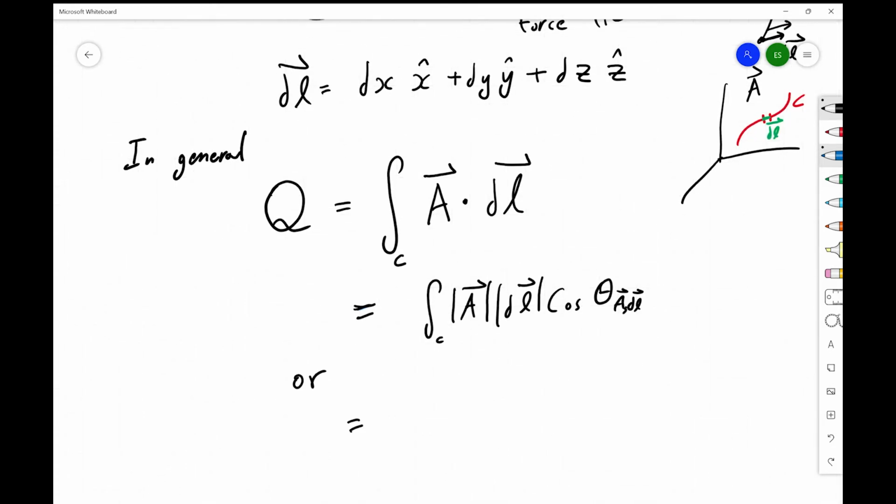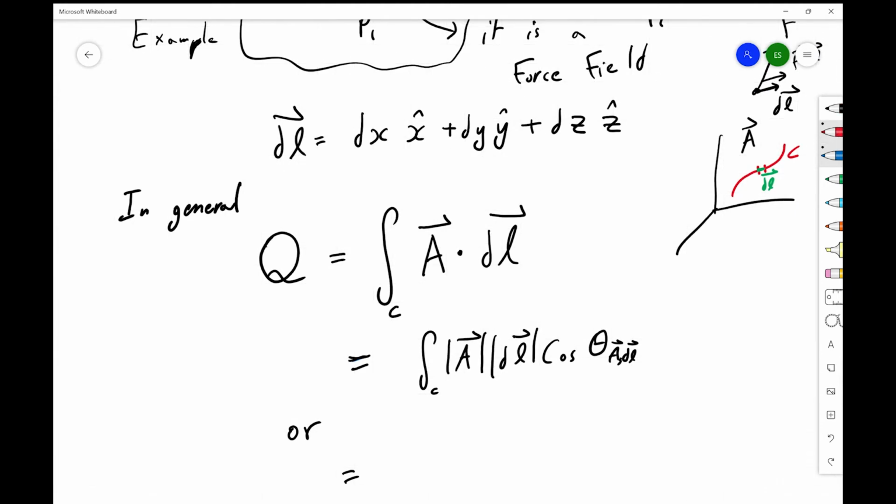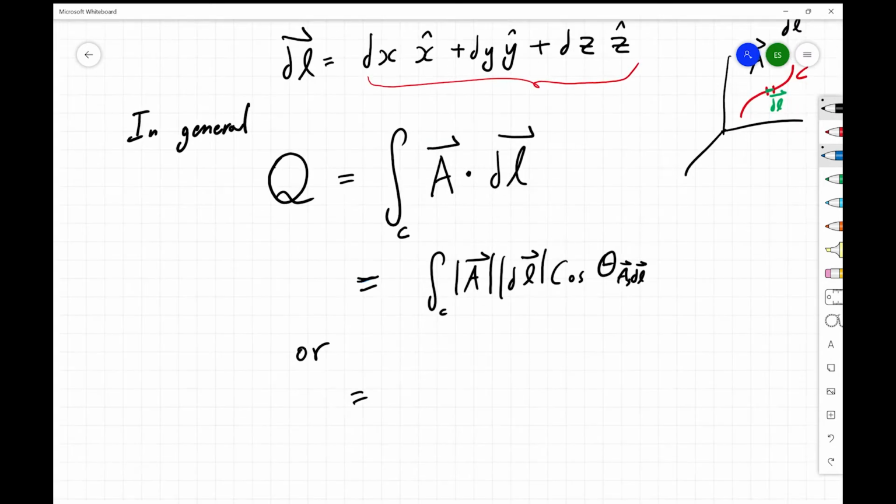Or we can recognize that A can be decomposed into components with respect to the Cartesian basis, and dl, we already know how to decompose it into components with respect to the Cartesian basis, and then we can take the dot product. So I decompose A into its vector components, and I decompose dl into its vector components, and I take the dot product. So I end up with three dot products, right? It's a sum of three terms, and integration is always going to be linear over summation.